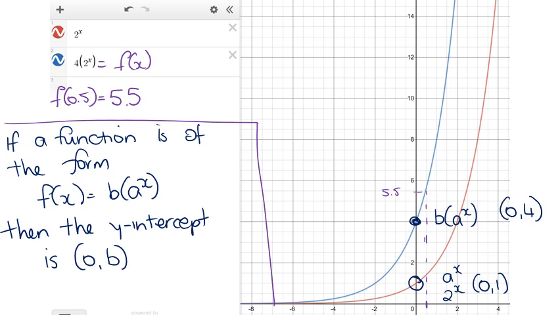So in our example, the coefficient was 4 and it crossed the y-axis at 4. So for any value, it's going to cross the y-axis at that value.